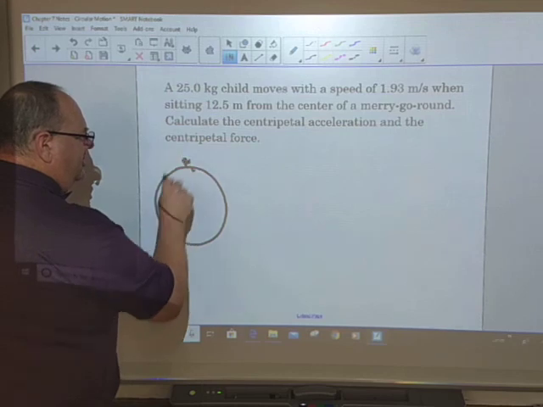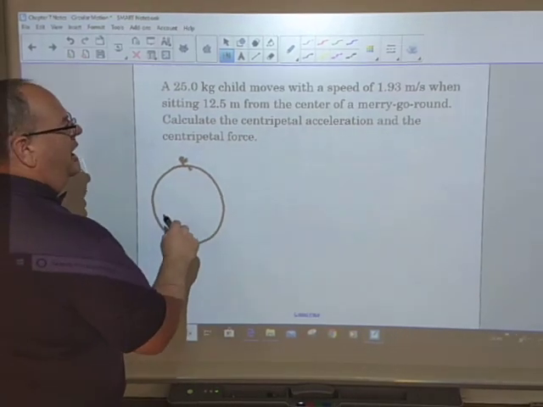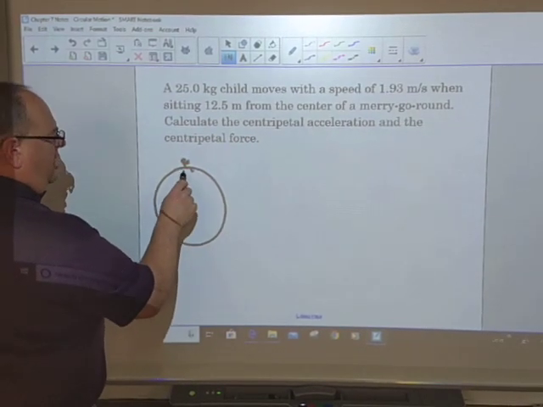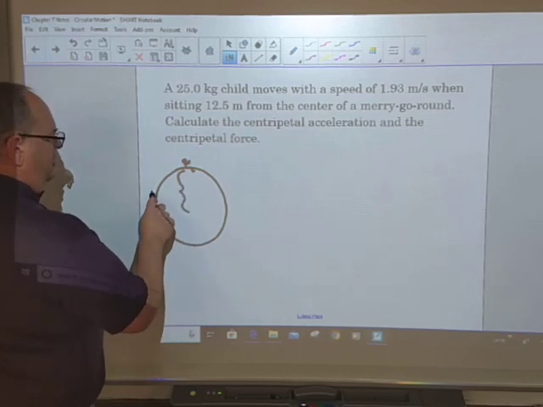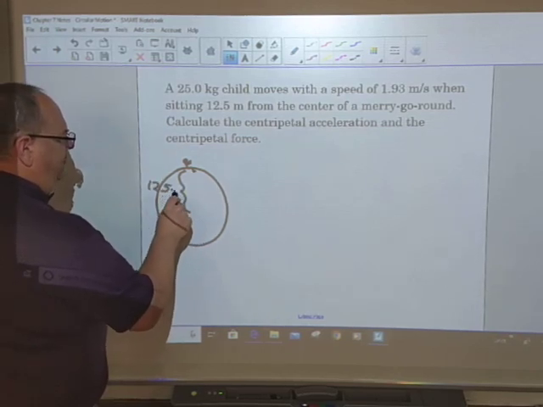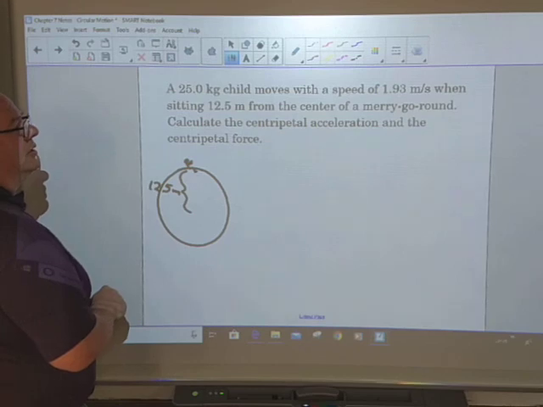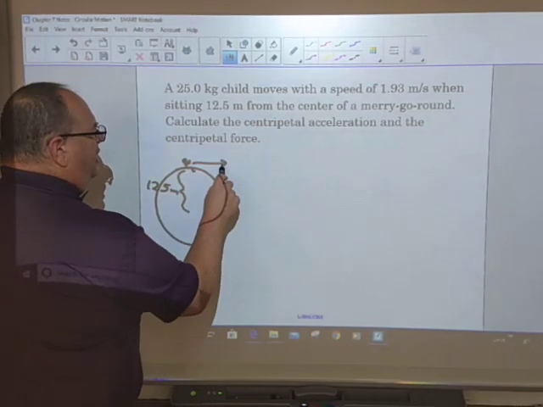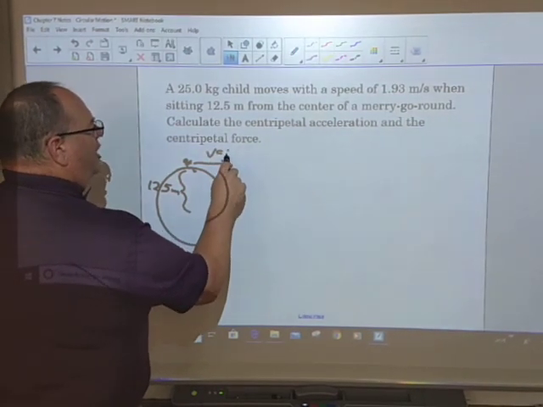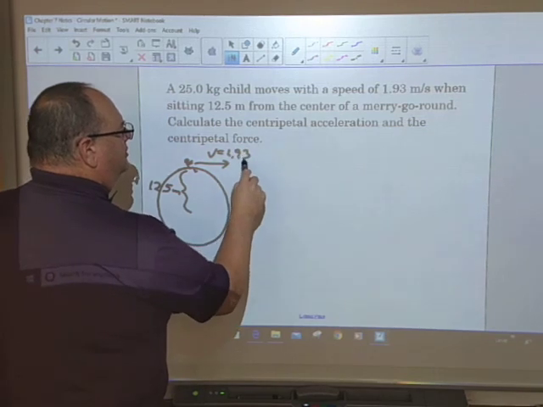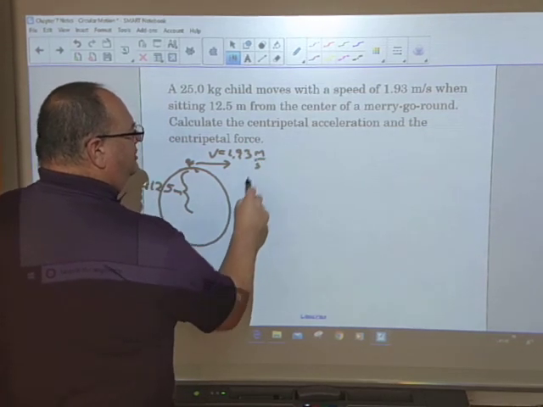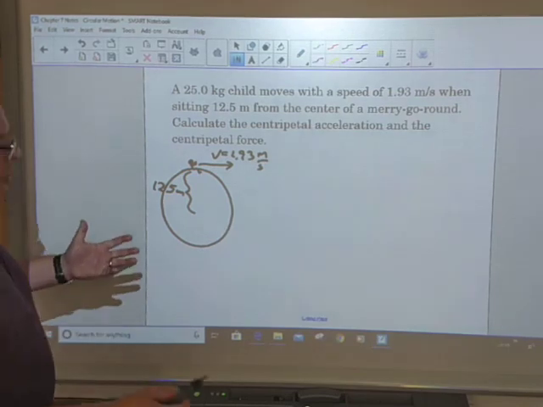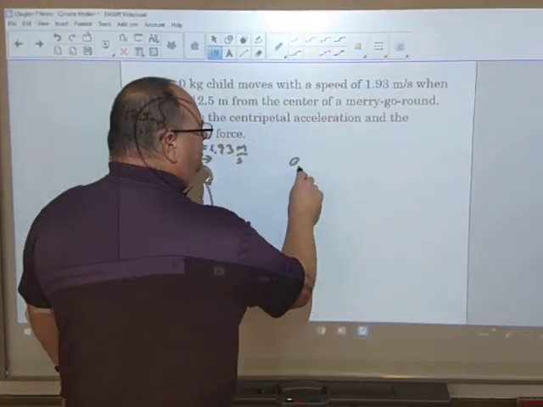is sitting out here, and it's a big merry-go-round, 12.5 meters from the center. And they have a velocity of 1.93 meters per second. Okay? So let's find centripetal acceleration.